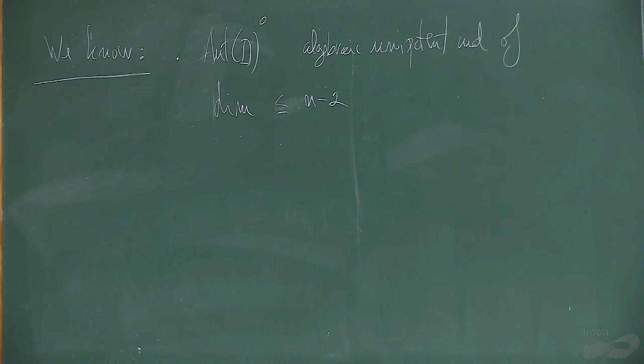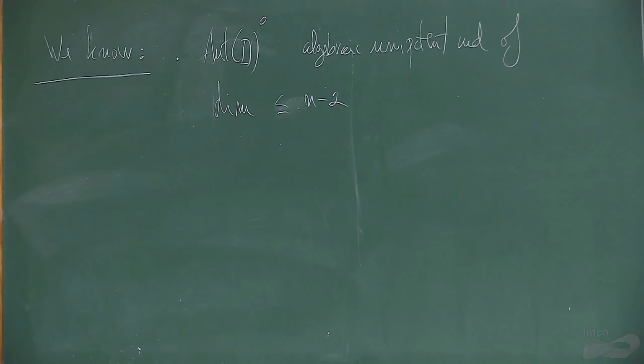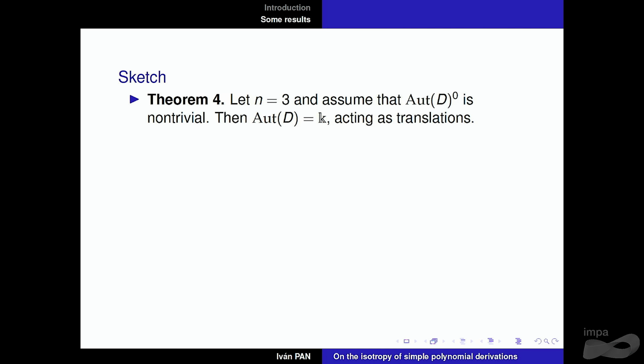In this case of dimension 3, since the neutral part is non-trivial, it is a unipotent group of dimension 1, the only possibility. But by a result of Kaliman, in dimension 3, the action of a unipotent element is in fact a translation when this element has no fixed point, which is our situation.